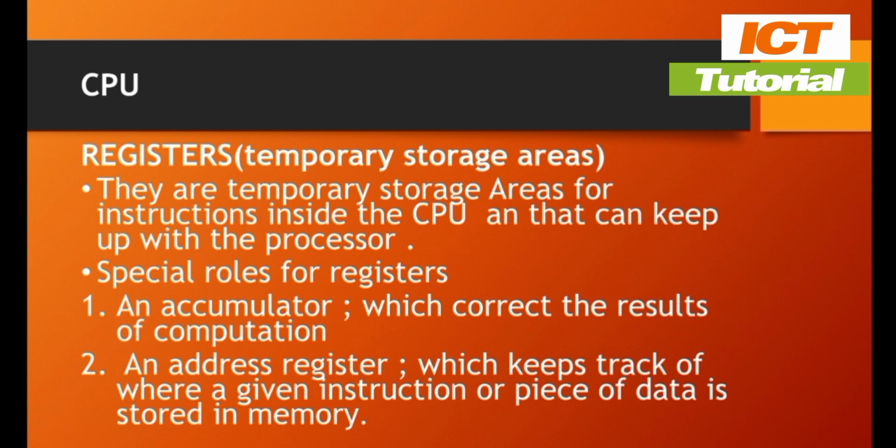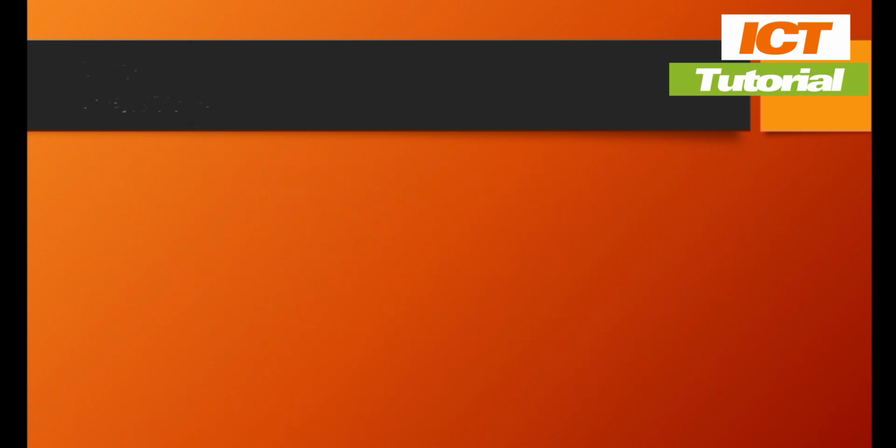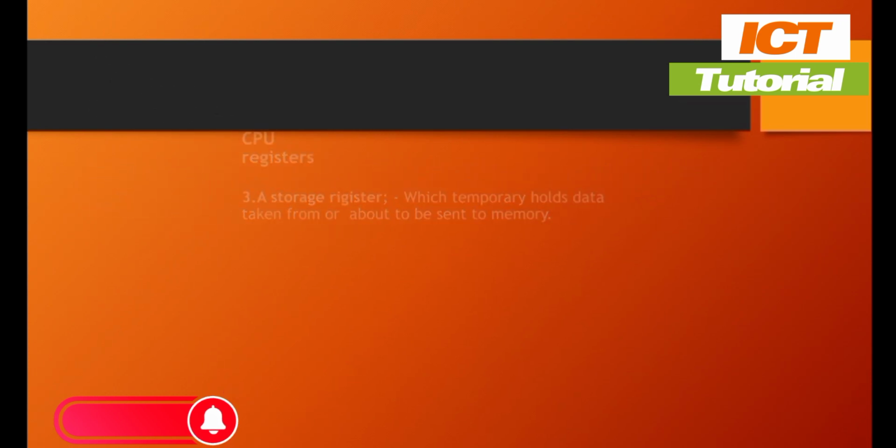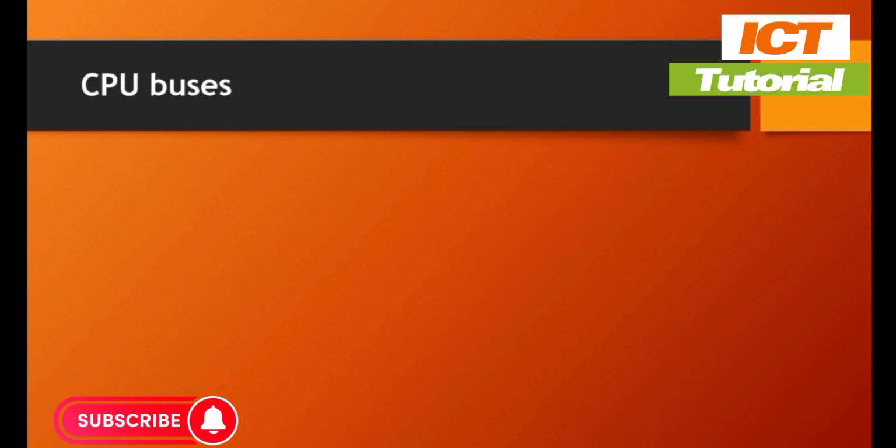Then we have a storage register, the third register, which temporarily holds data taken from or about to be sent to the memory. That's the storage register. So we had the arithmetic logic unit, we have registers, and we have the buses.